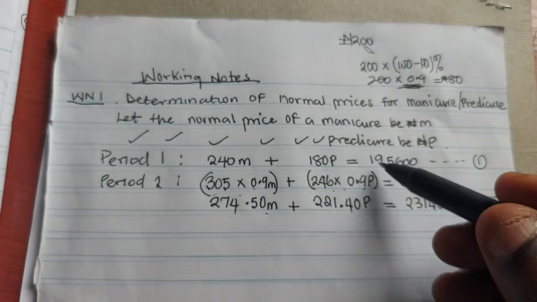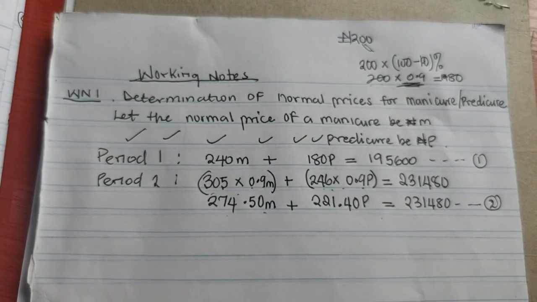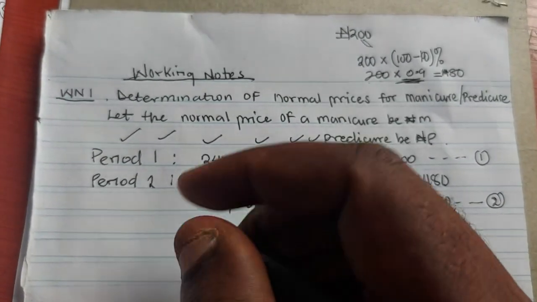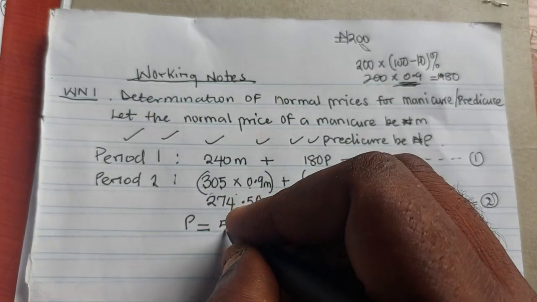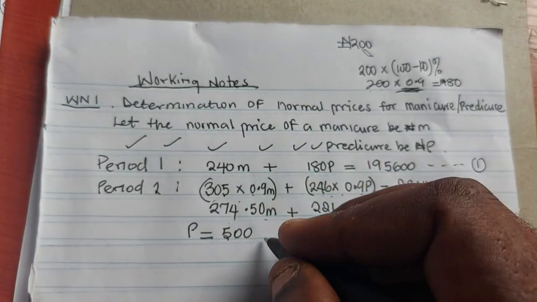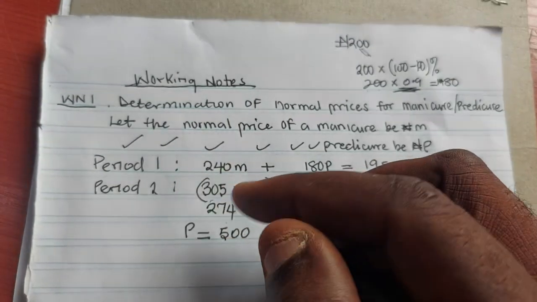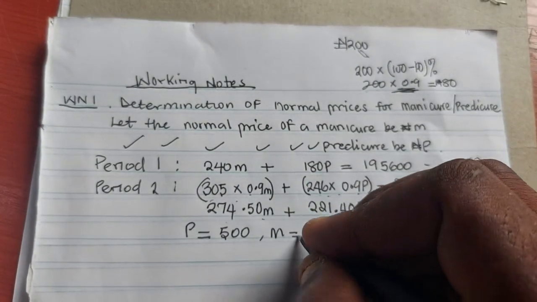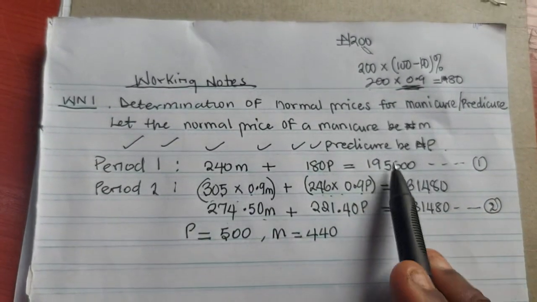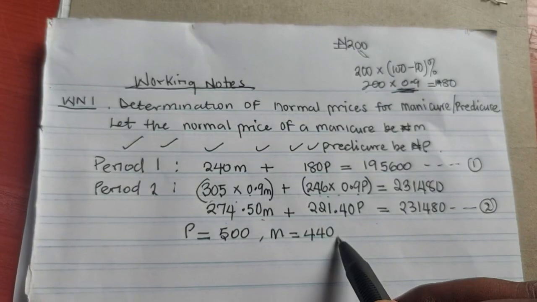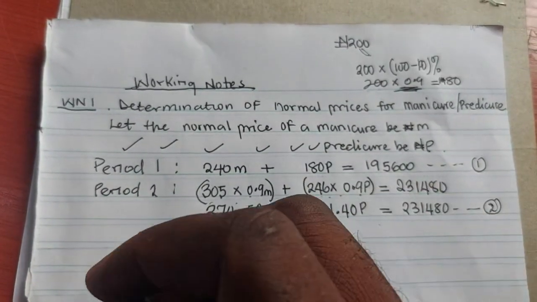So bringing the two equations together, if you solve, your P is 500 naira and M is equal to 440 by solving these two equations simultaneously. Now, what will be the revenue to make the forecast?